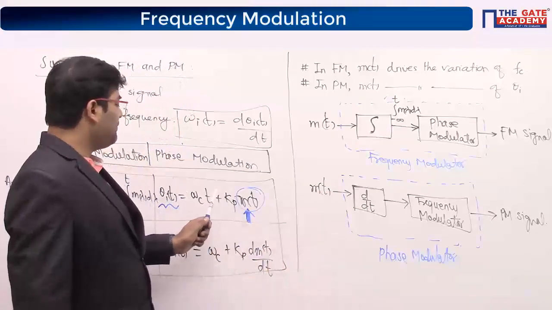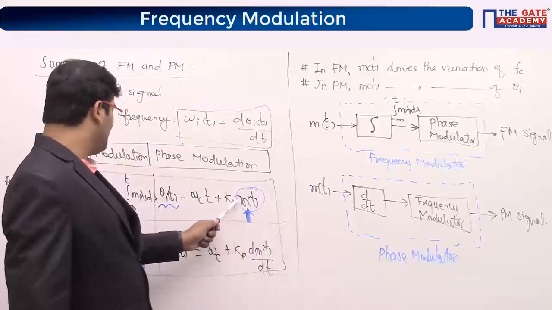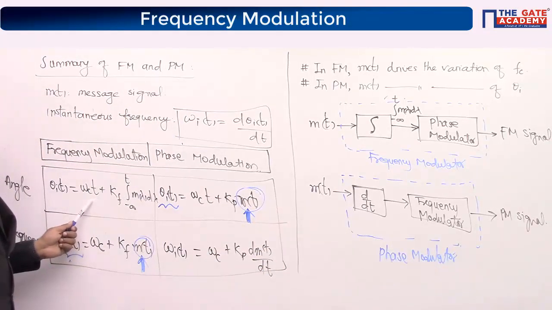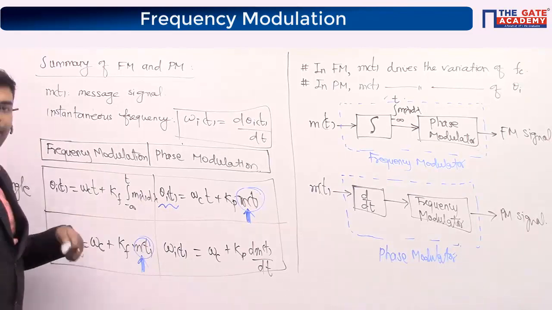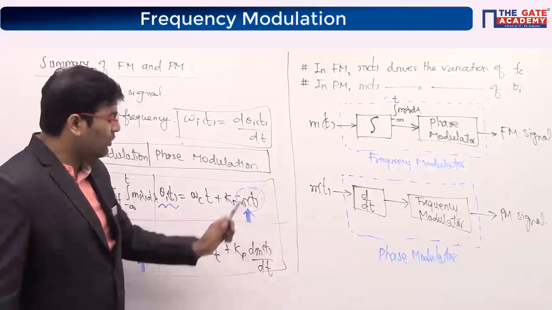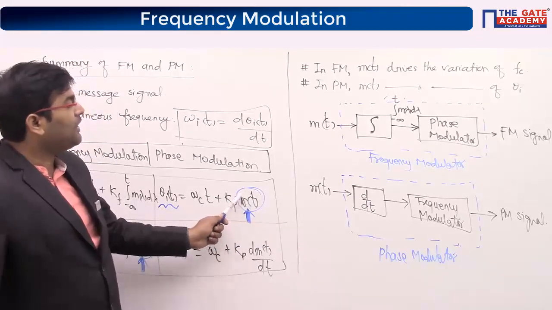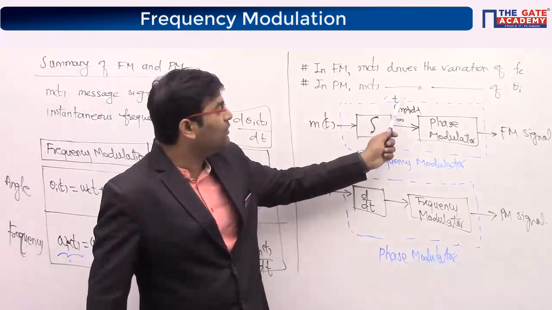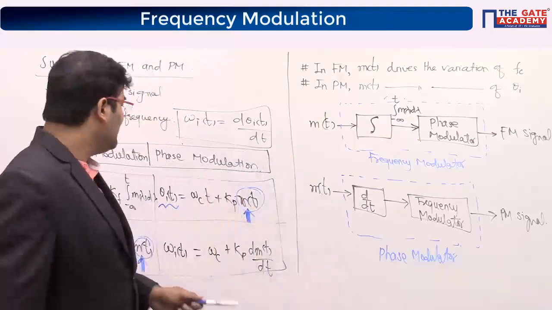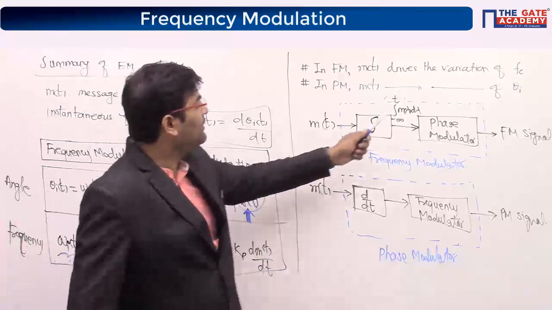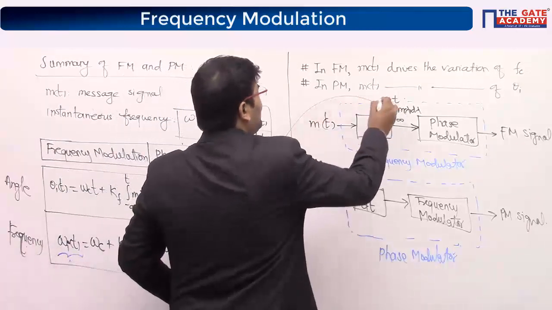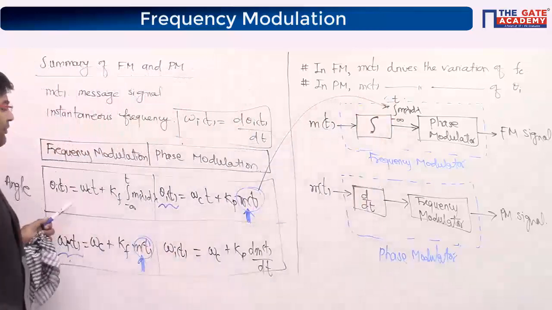So omega c t plus k p times the integral of this, isn't it equal to FM signal? Guys, I am repeating myself. M of t has been replaced by the integral from minus infinity to t of m lambda d lambda. Please respond: the moment I replace this with this term, is it not equal to FM or not?